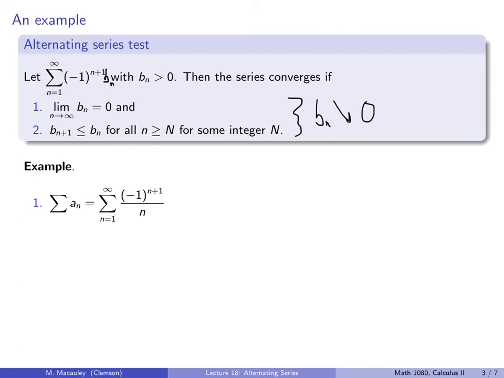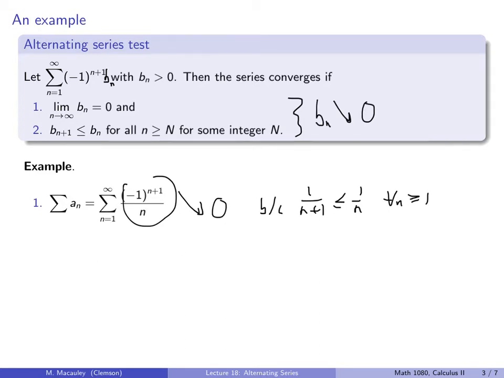Notice that indeed these terms decrease to 0, and they decrease to 0 because 1 over n plus 1 is less than or equal to 1 over n for all n.